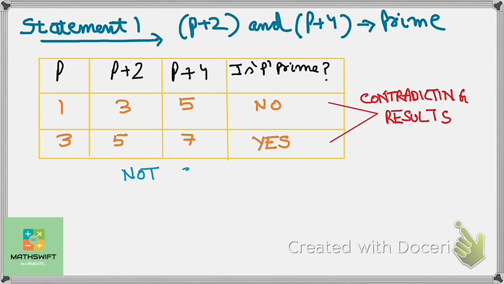So clearly statement 1 alone is not sufficient to answer the question, and therefore we can get rid of options A and D. Now we can move on to statement 2.